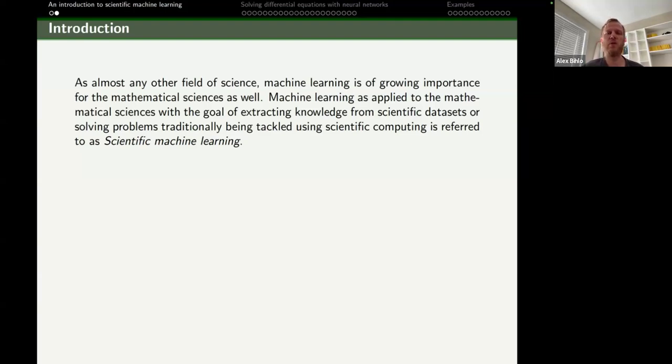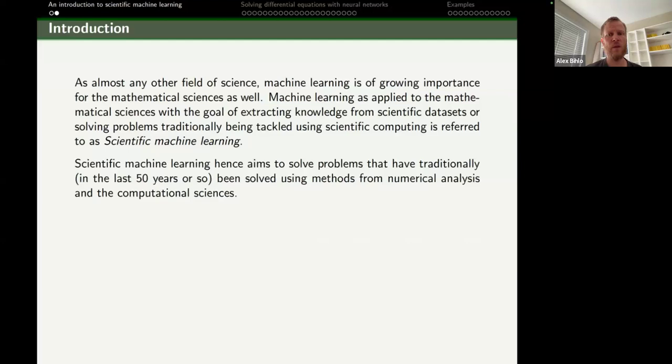To distinguish between pure machine learning, which on some level can be regarded as a subfield of computer science, if you work with a goal to extract knowledge from scientific data sets or tackle problems which are traditionally solved using scientific computing, then the branch of machine learning you're engaging with is called scientific machine learning.